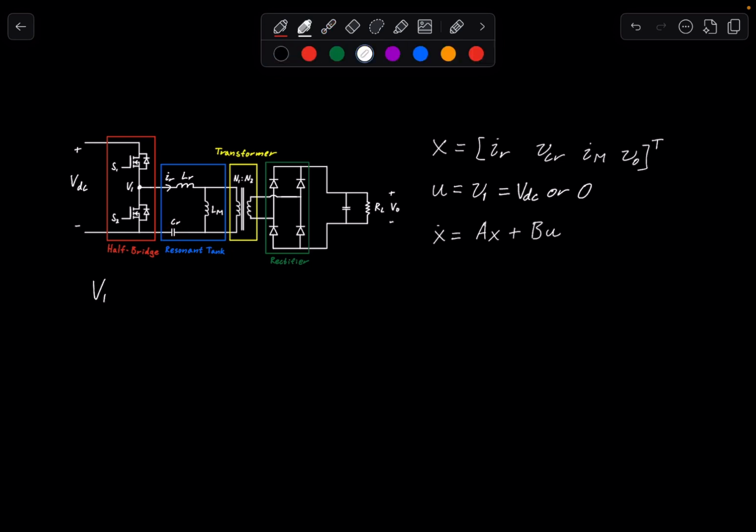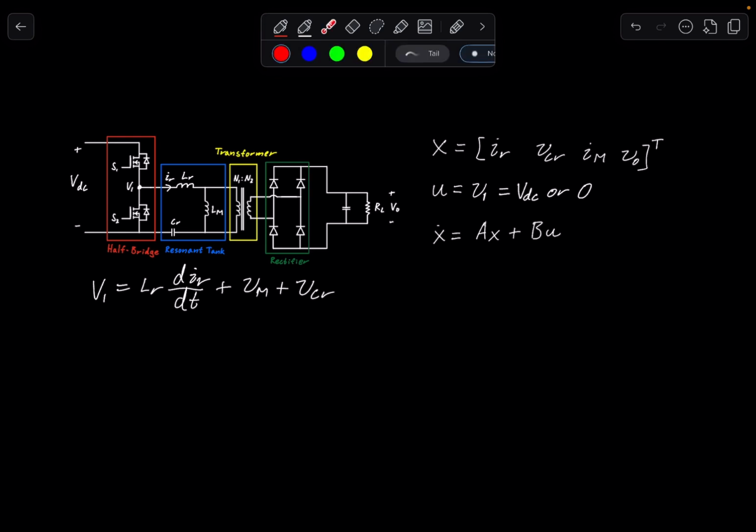So V1 is equal to the voltage over the resonance inductance, which is given by LR multiplied by the derivative of the current over time. Then we have Vm, which is a little bit more complicated, so I just leave it as it is. And the voltage over the resonance capacitor is a part of the states, so we don't need to change that.